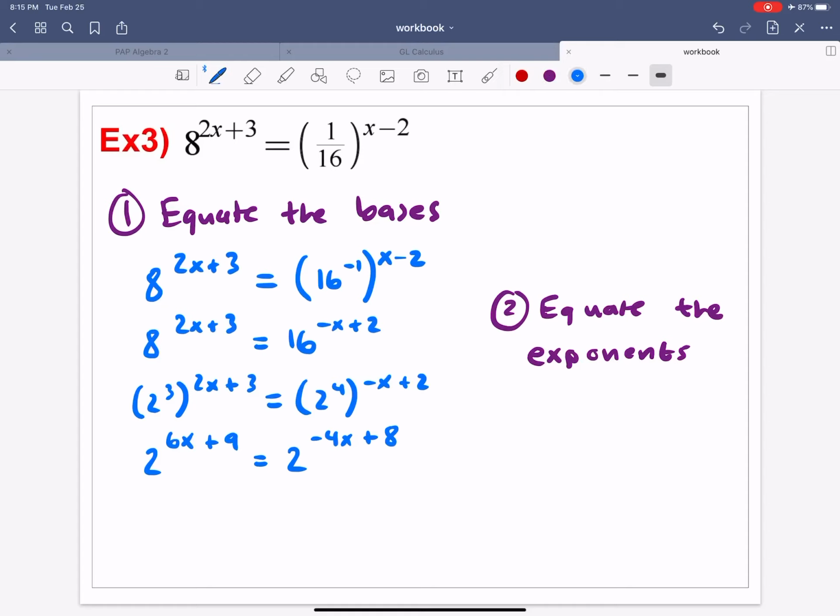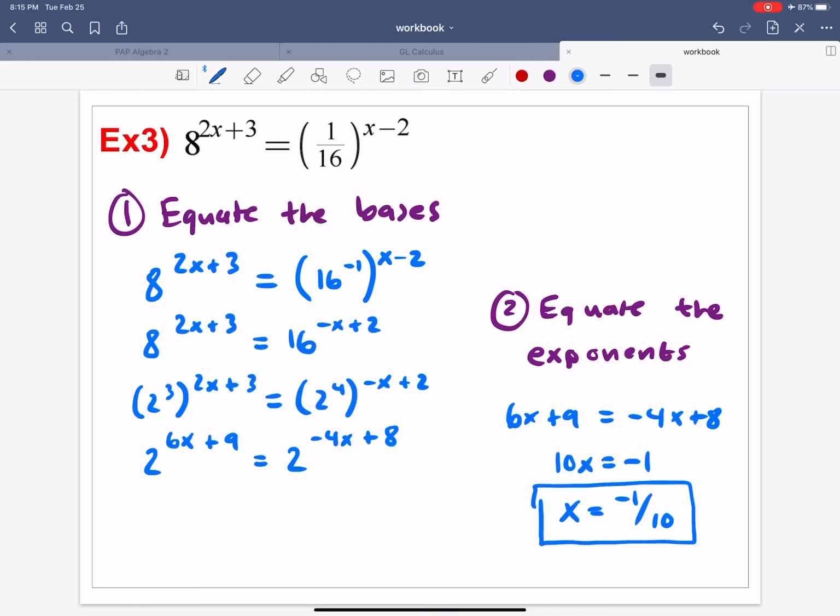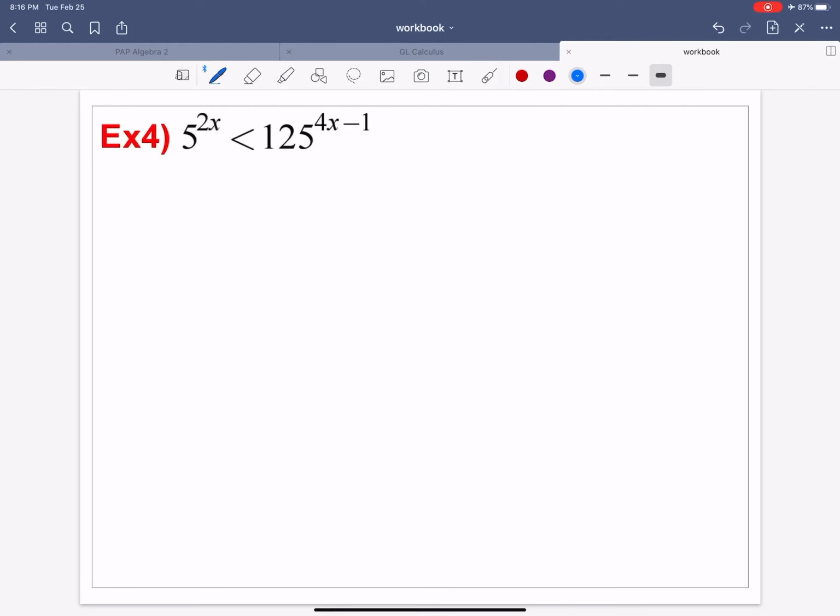So let's just set 6x plus 9 equal to -4x plus 8. Okay? So solve for x. So add 4x to the left side, so you get 10x. Subtract 9 on both sides, you get -1. Divide both sides by 10, you get x equals -1/10. Final answer. Okay? Okay, let's try another one.